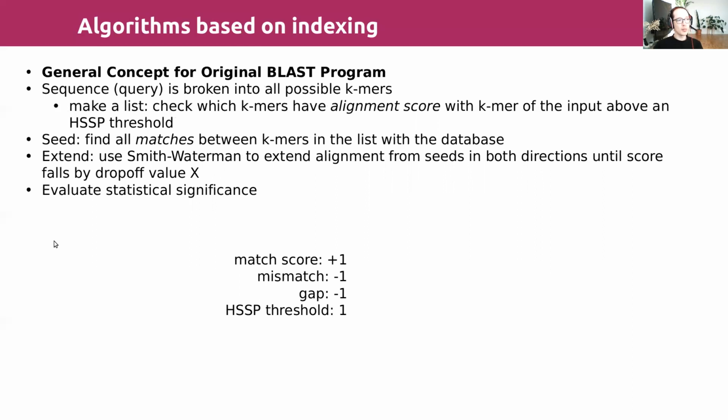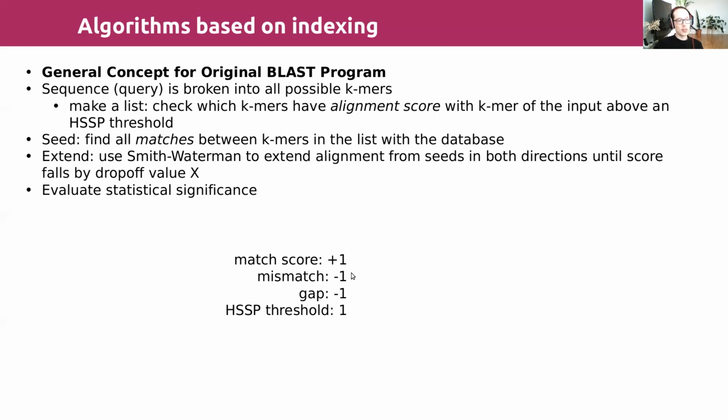We check which possible 3-mers you can make that have an alignment score with the 3-mers from the query that we got in step 1, that have an alignment score that is above some threshold. So in Smith-Waterman, for instance, the numbers that you care about are the match score and mismatch scores.